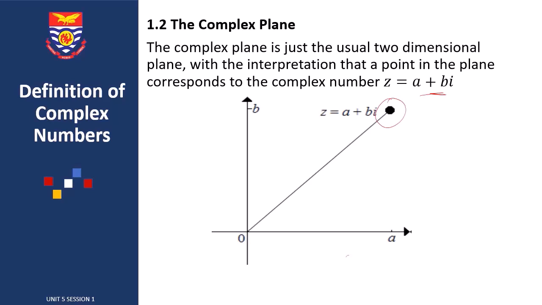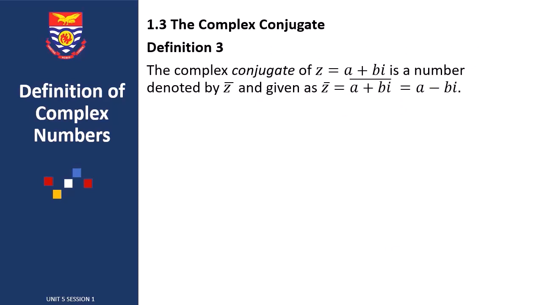You can see that the real part is a, that's the horizontal axis. Then the vertical axis corresponds to the imaginary numbers. Okay, so that is actually about the complex plane. We will be using this more, so know about the real part and the imaginary part, or the imaginary axis.